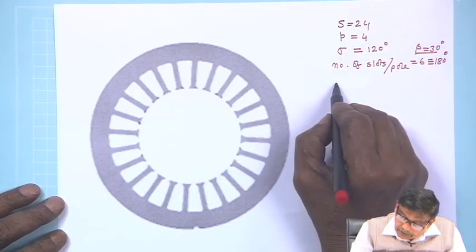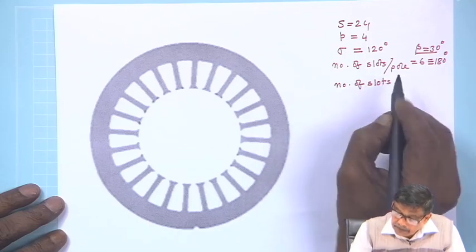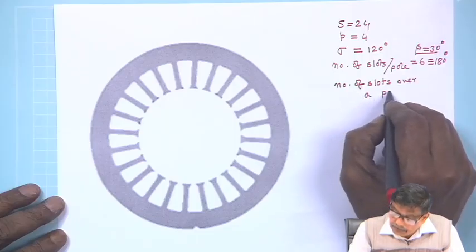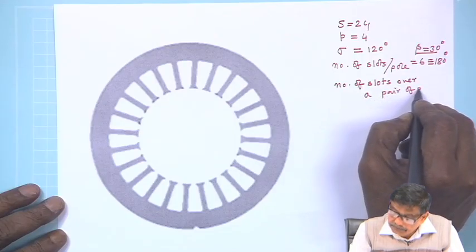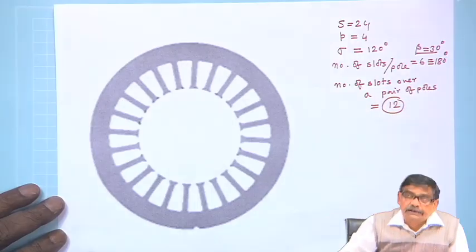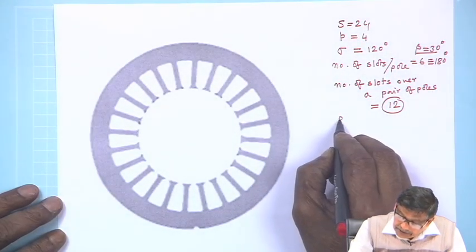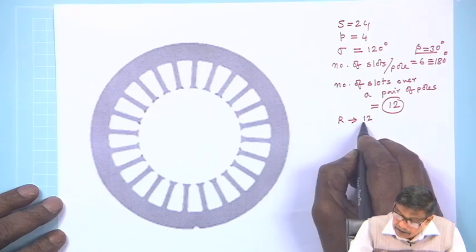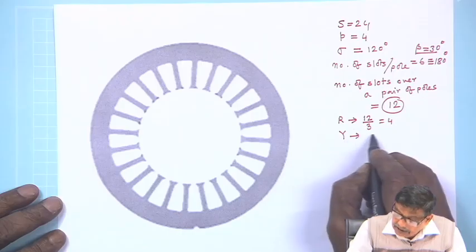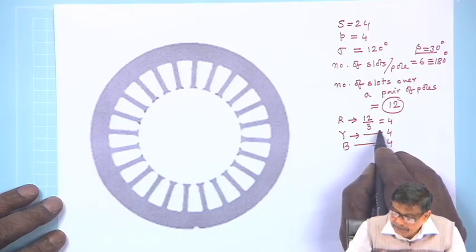The number of slots over a pair of poles is 12, is it not, 2 into 6 for 1 pole. So, out of this 12, R phase I will allot 12 by 3, 4 slots, Y phase 4 slots, and B phase 4 slots. That is the idea.